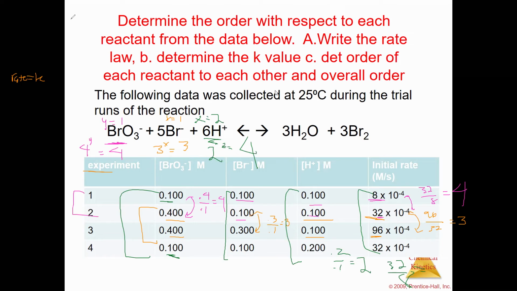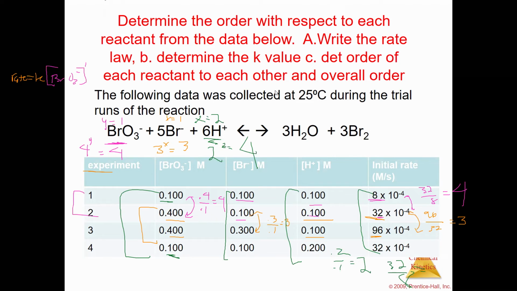So our rate law, part A, is going to be equal to BrO3. Don't forget the brackets. They need to be brackets because that represents concentration. And don't forget your symbol. First order.